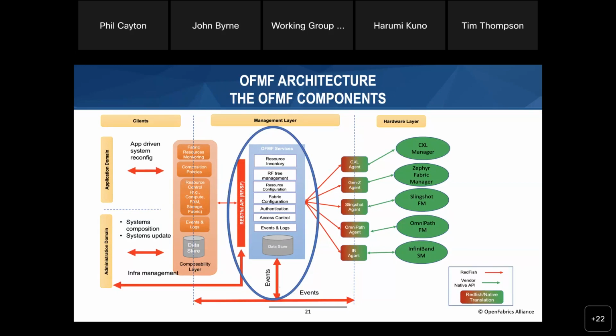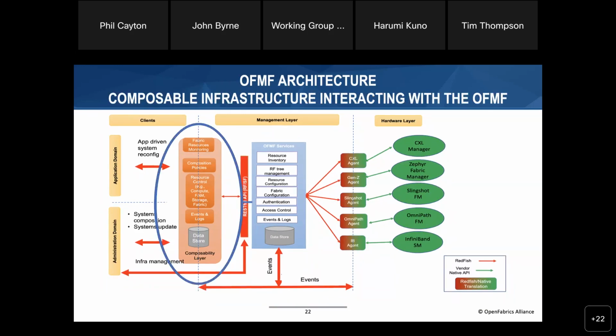It also tracks who has the ability to authenticate against it and subscribe to get the information, so you don't have unauthorized users getting the information. We also have access control, and we've got logging. So if we have a flapping link, for instance, on our OmniPath or InfiniBand link or Gen-Z link, it would tell us, oh, this is flapping. Let's find something else to use to get to that resource.